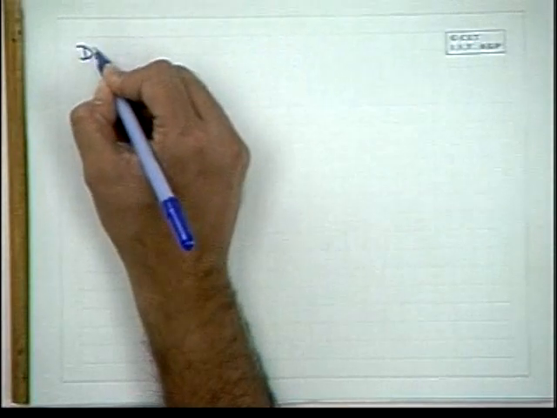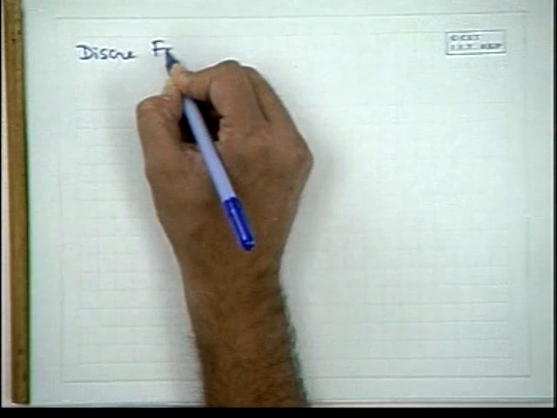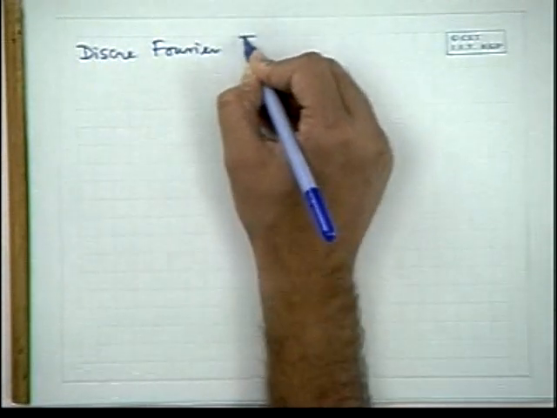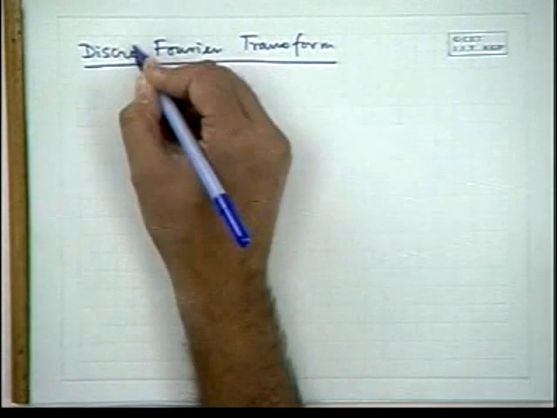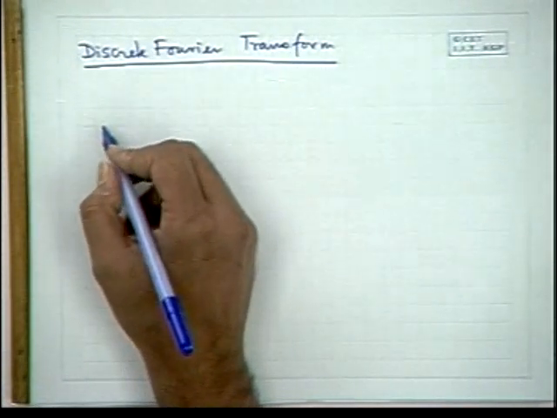Now we start our algorithm, which is called discrete Fourier transform. What is this discrete Fourier transform?